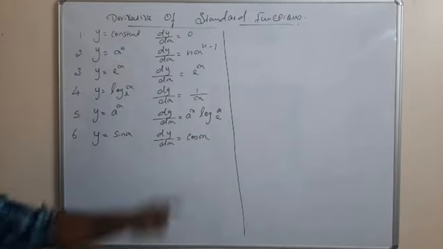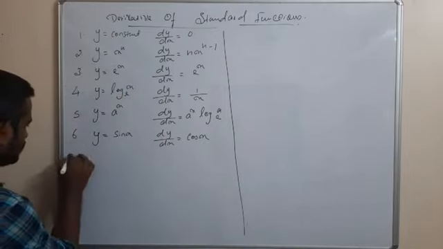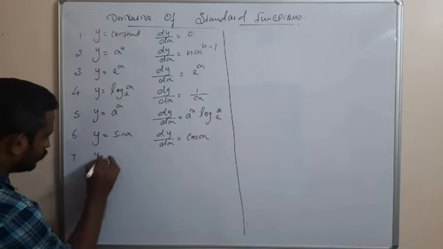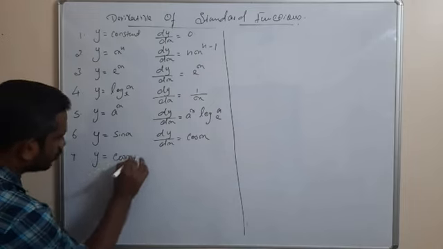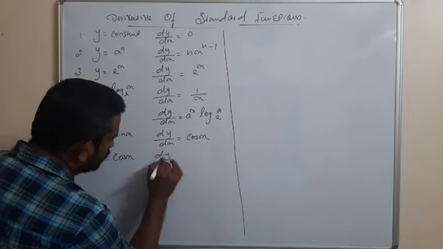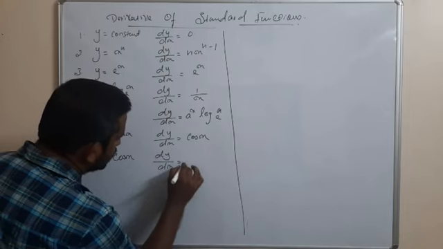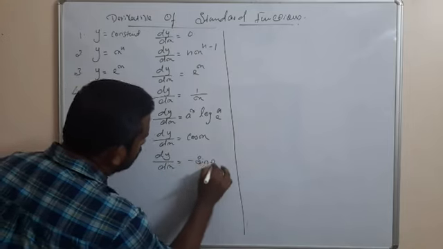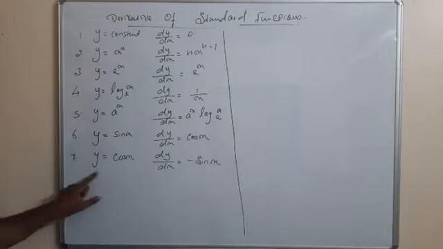Differentiation of sin x is cos x. Seventh one, y is equal to cos x. dy by dx equal to minus sin x. Differentiation of cos x is minus sin x.